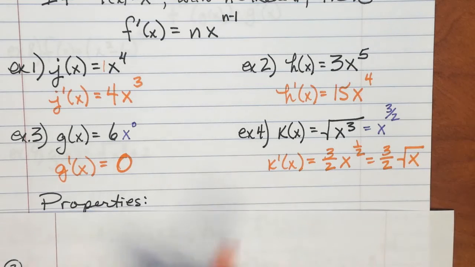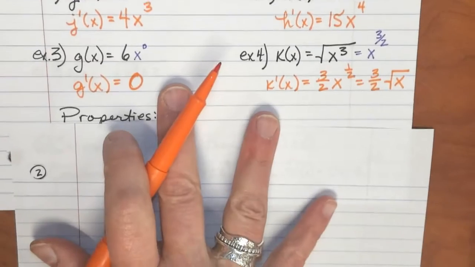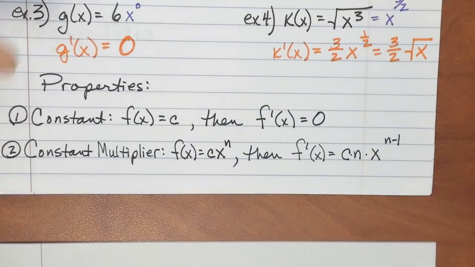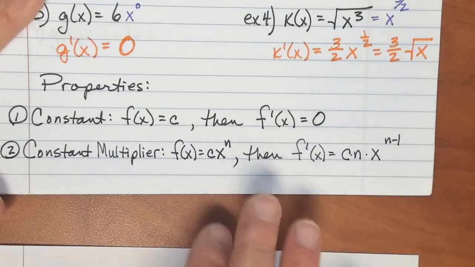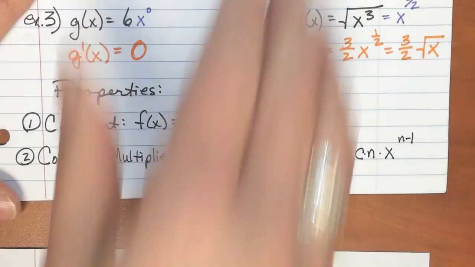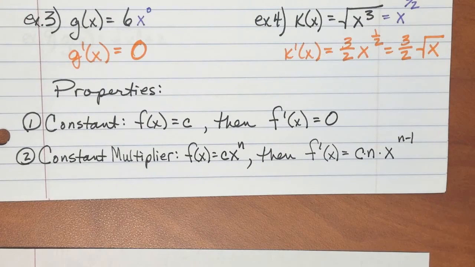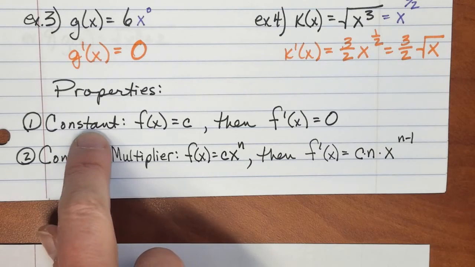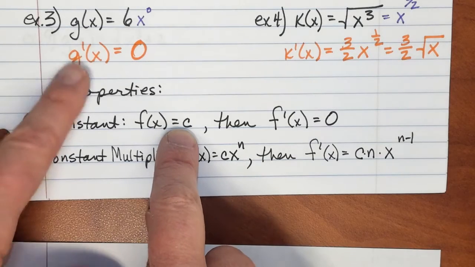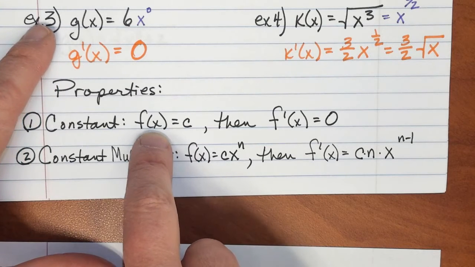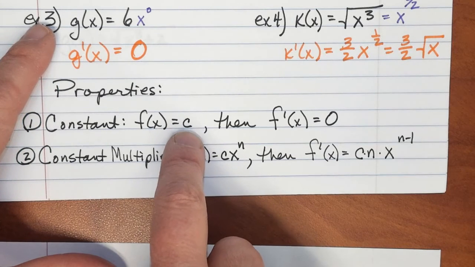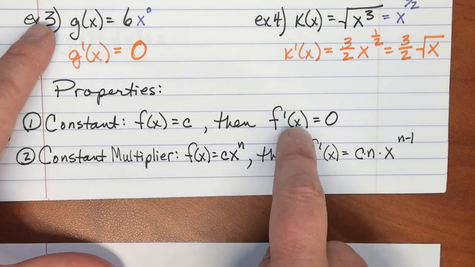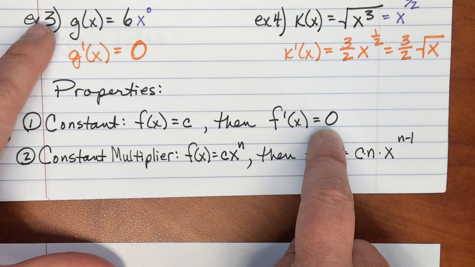Now let's put some of these properties in technical terms here. If I look at these examples, I'm going to give you 2 right now that I want you to pause and write down, and then we'll talk about them. This property talks about if you have a constant, and this is referring back to this example here. You have the function of an integer. Then the derivative of that is always, always, always 0.